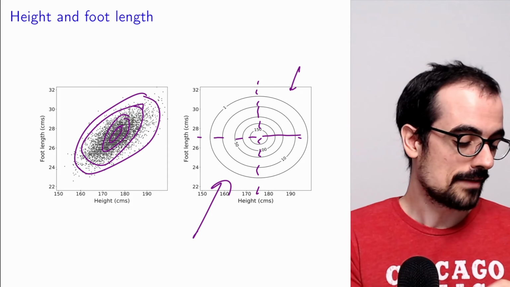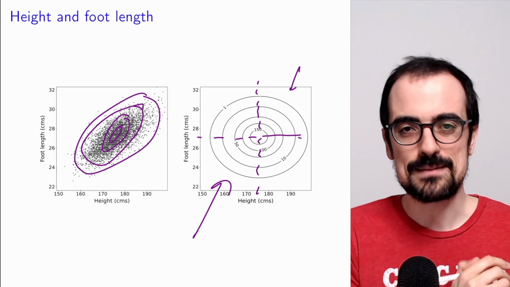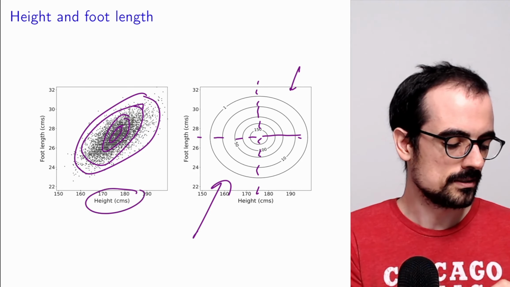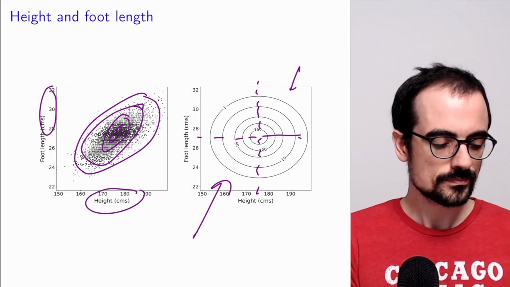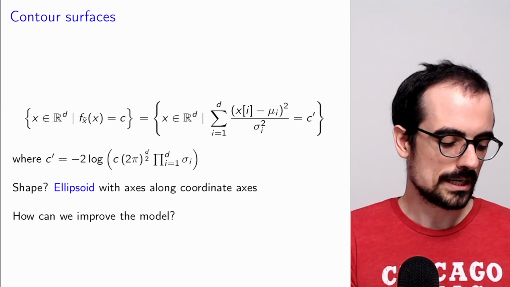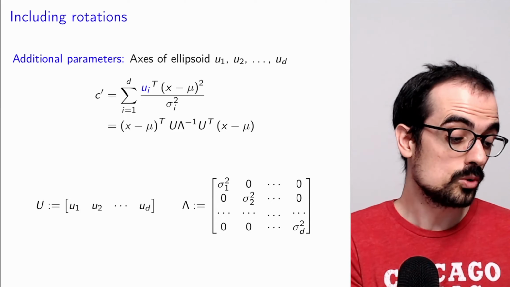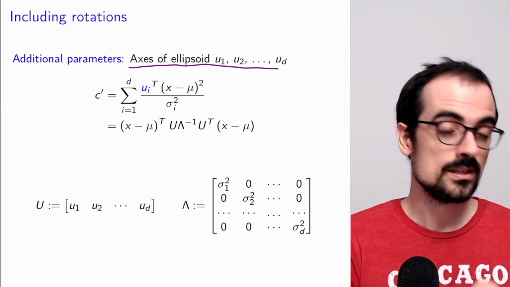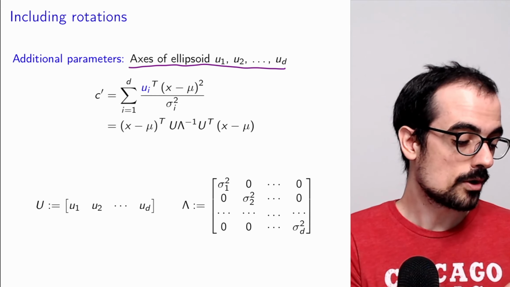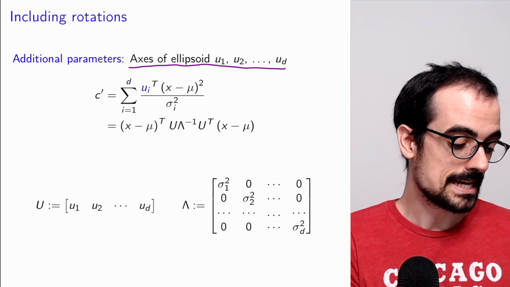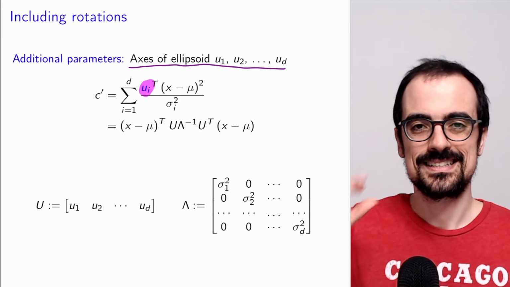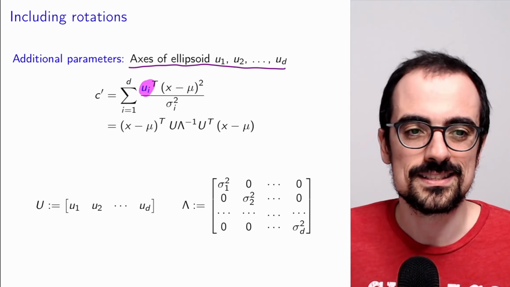It doesn't capture the fact that taller people have longer feet. Okay, so we want to be able to rotate this ellipse. What do we do? We include axes of the ellipsoid into our model. So now we modify these contour lines by adding these axes that essentially allow you to rotate the ellipse.